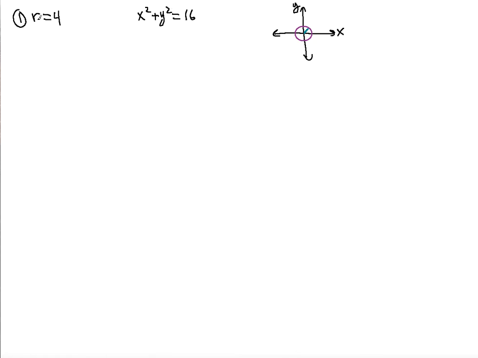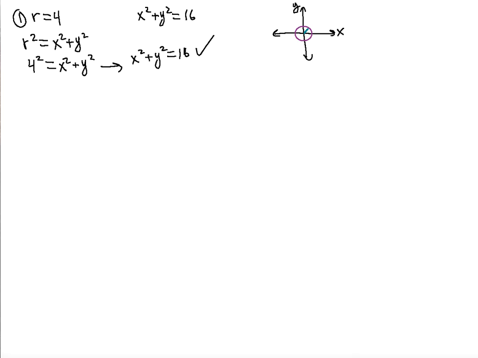To get there, notice that you can use r squared is equal to x squared plus y squared. That's the polar substitution that you should do. With r equal to 4, you have 4 squared is equal to x squared plus y squared. So in the end, you get x squared plus y squared is equal to 16. Bingo, same equation as you thought.